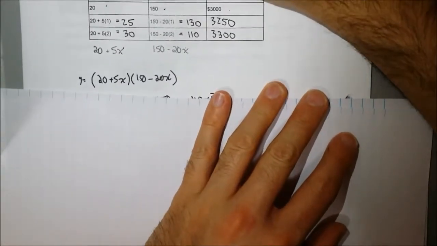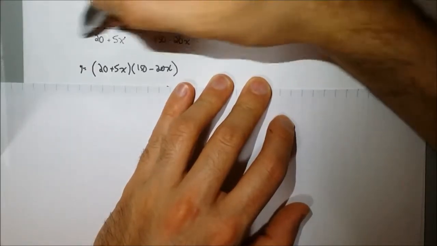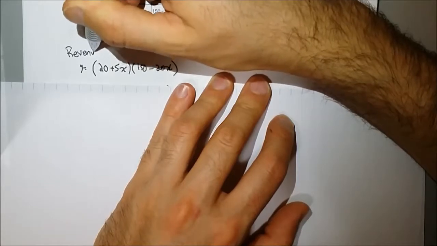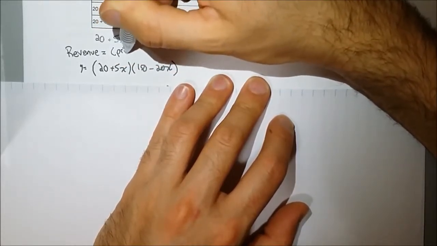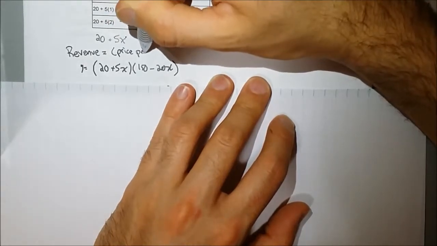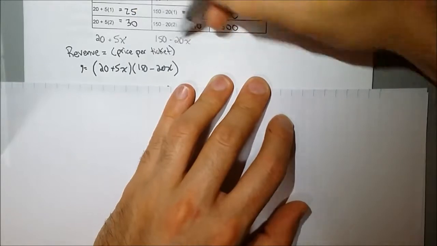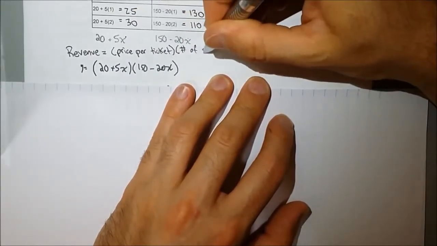Once you have that, you can multiply those together. Why can I multiply those together? Well, this is the revenue, and it's equal to the price per ticket times the number of students who buy one.